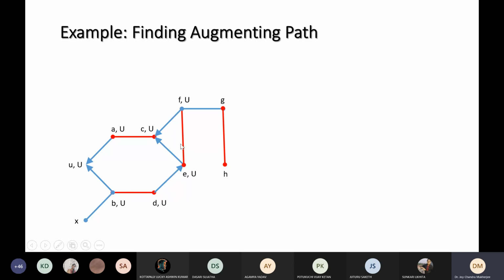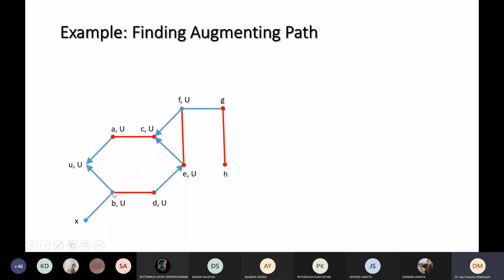E is matched to F, so you go by this. F's parent was C, so there is an edge. CA is a matched edge. Then A's parent was U, so U is the lowest common ancestor. That is why the whole thing is replaced by U. This replacement is done by a separate field where capital U is maintained.